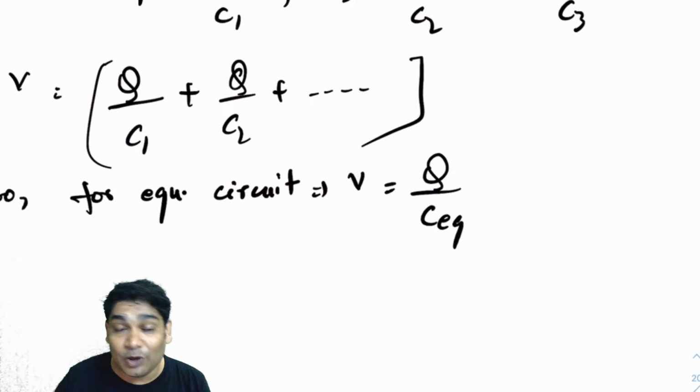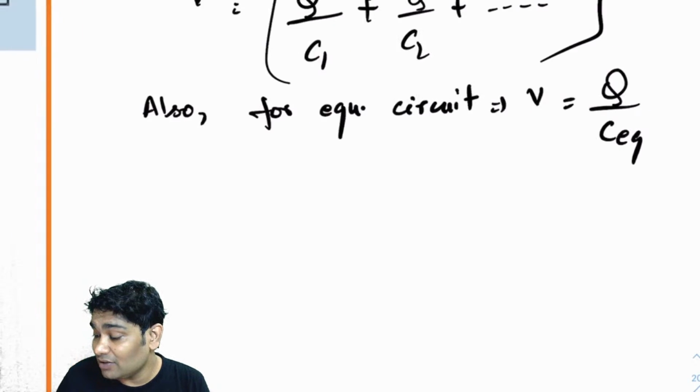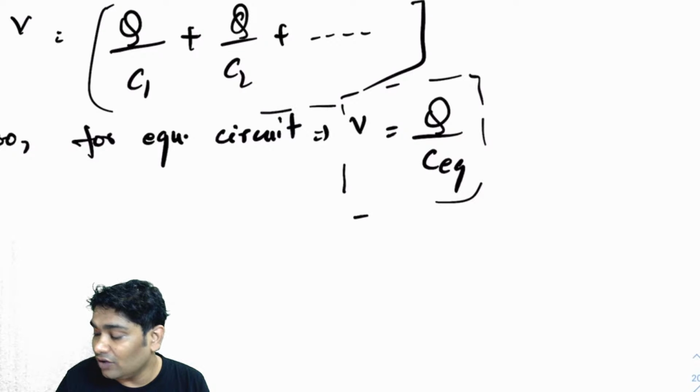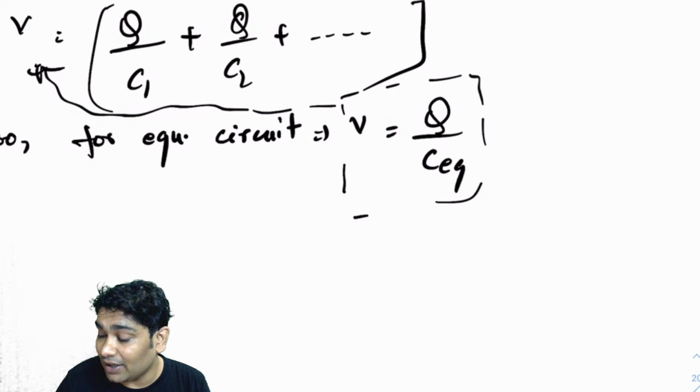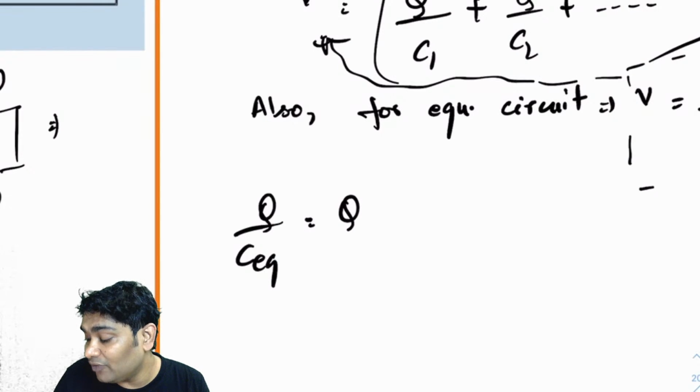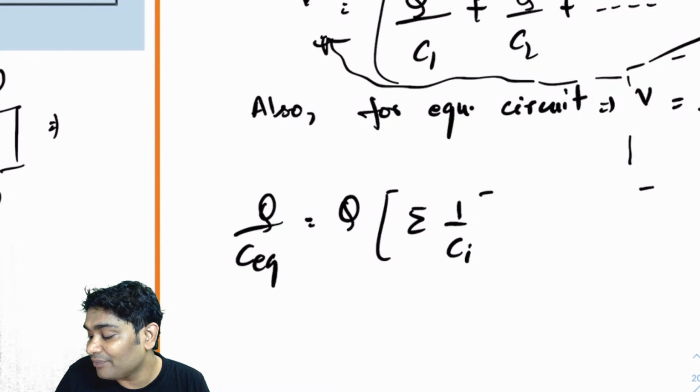Now replace this value of V over there. So replacing this value of V over here, let's see what I am getting. I am getting Q over C equivalent equals, I can take Q common from here and this will be summation of 1 over Ci.